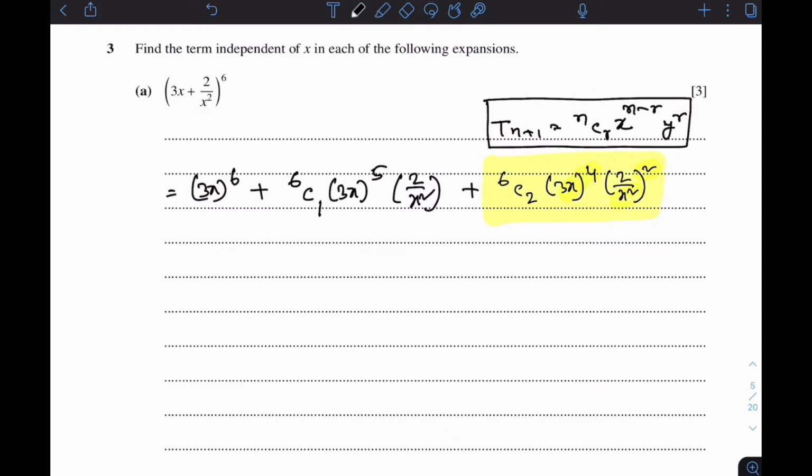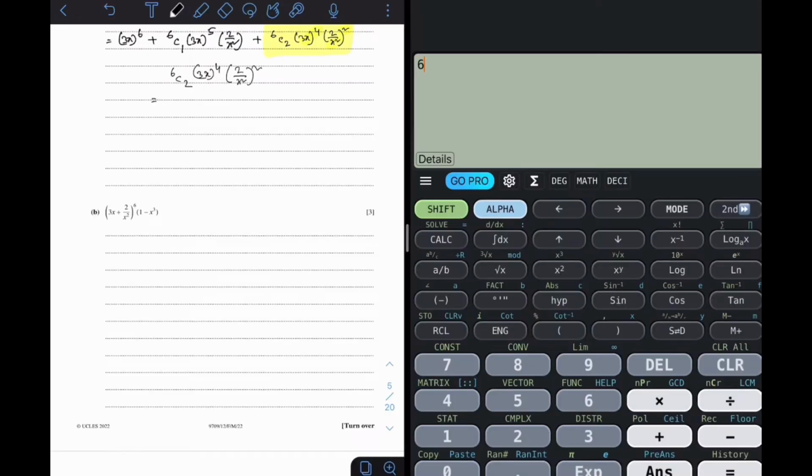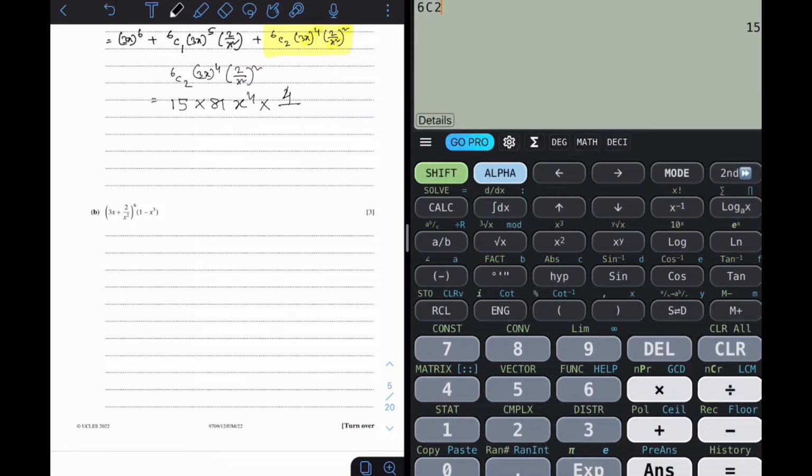So only let me write this term: 6C2 (3x)^4 (2/x^2)^2. So 6 shift division 2, we can write this is 15, and then 3 to the power 4 is 81, then x to the power 4, 2 square is 4, and then we can write x to the power 4.